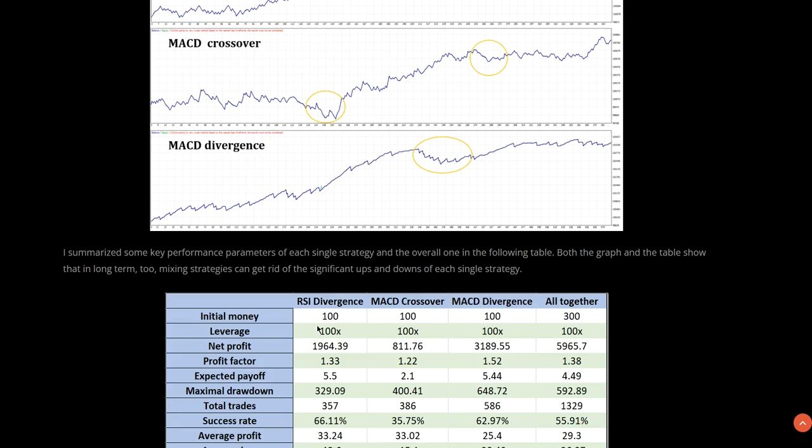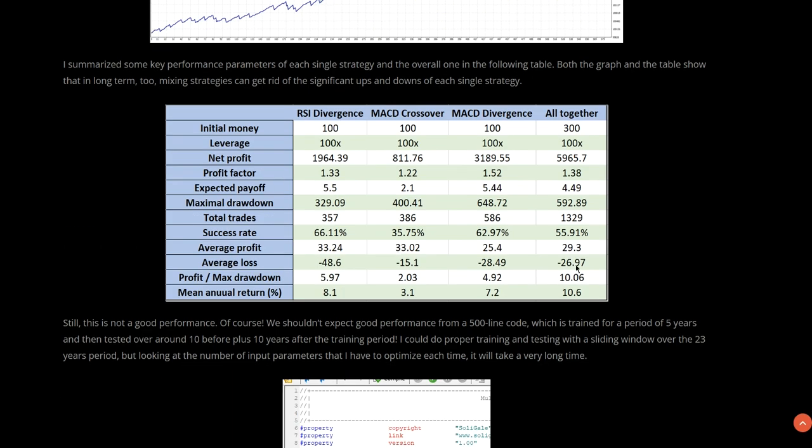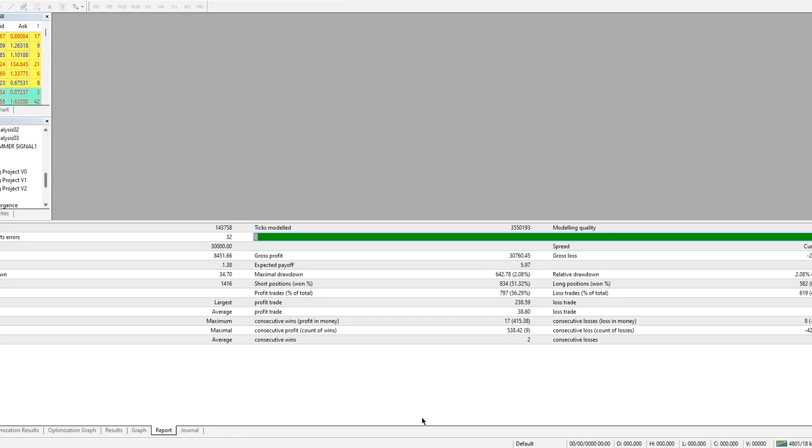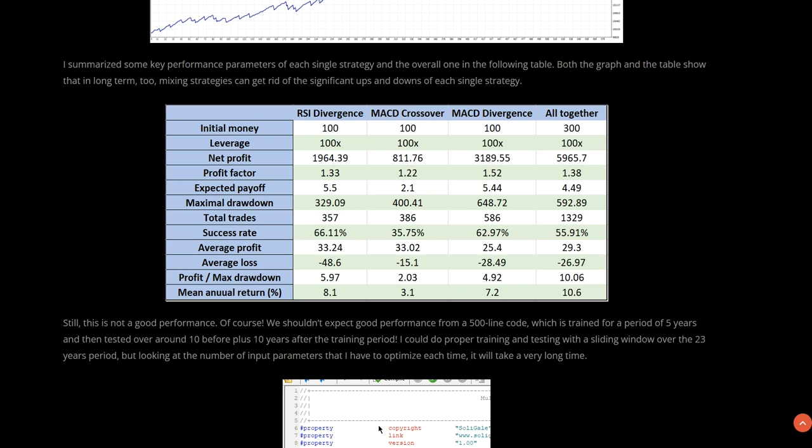So before we had this column, which is around $6,000 of profit and around $600 of maximal drawdown, which gives us the ratio of 10, 10 times here. But in this case, we have 8,400 compared to 640, which is better than the other one. Still, the profit factor is almost the same.